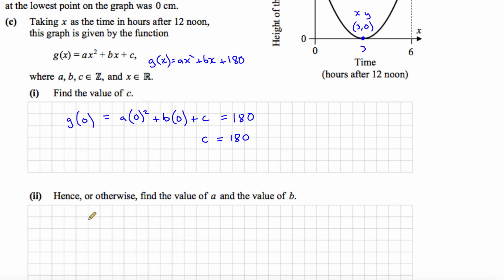So g of 3 is equal to a by 3 squared plus b by 3 plus 180, and I know that is equal to 0, because when you put 3 in, you get out a g of x value of 0.